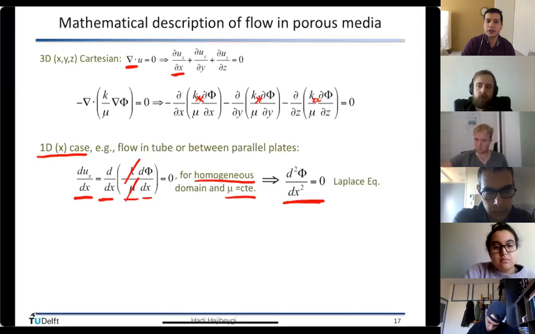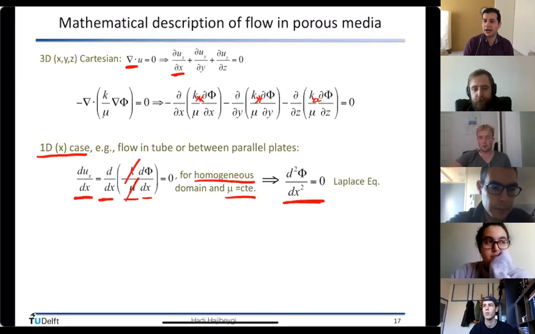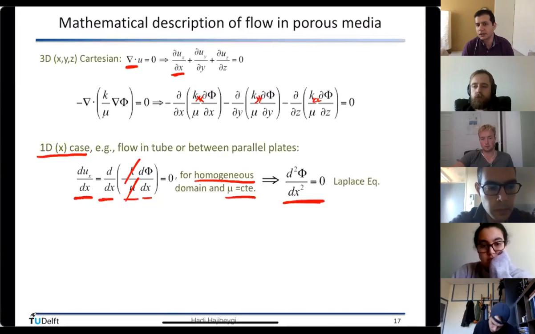What function has the second derivative 0? What's the function that has its first derivative 0? If phi is constant, absolutely. A constant number has its first derivative 0. What function has its second derivative 0? It should be linear, absolutely. It should be a line.